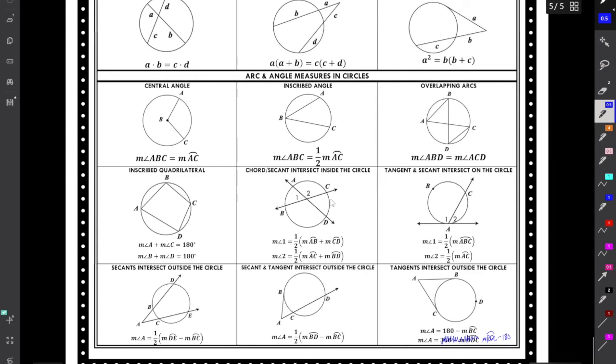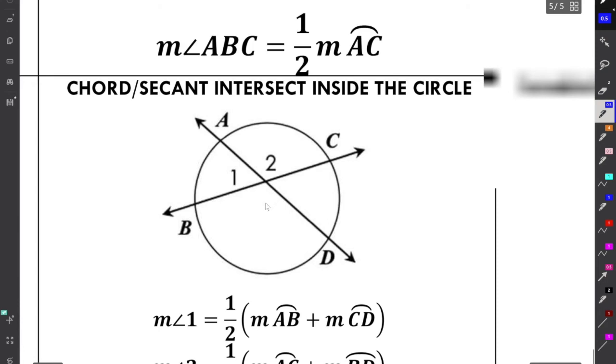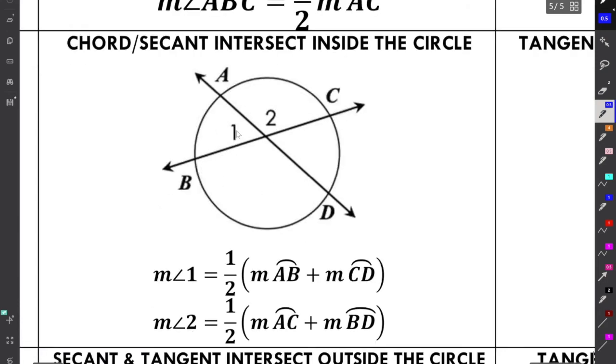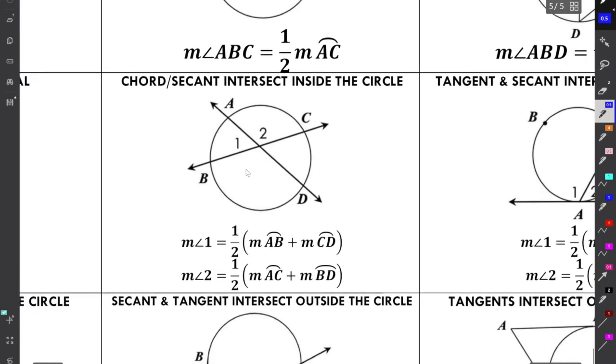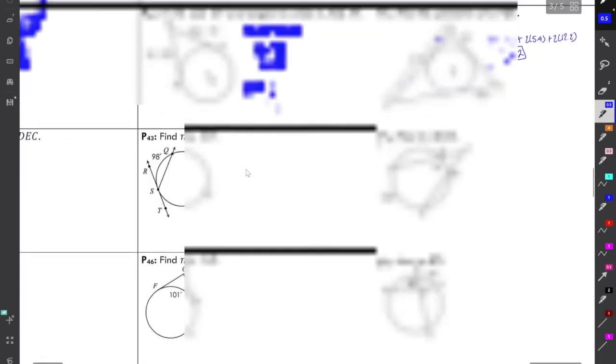Chord/secant intersect inside the circle. Alright, so if I look at what the measure of angle 1 is, it'll be half of the sum of its 2 intercepted arcs. So AB and CD right here, you add those 2 arc measures up, divide by 2, you get your angle in the middle, now for angle 1. So we'll use that to do this.